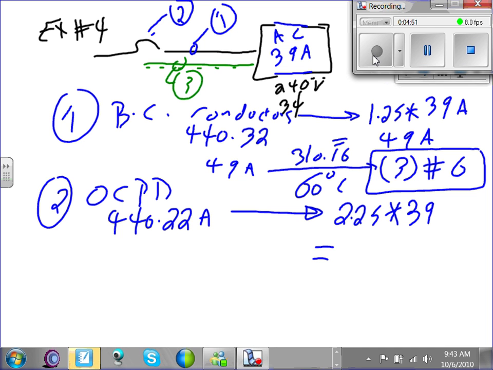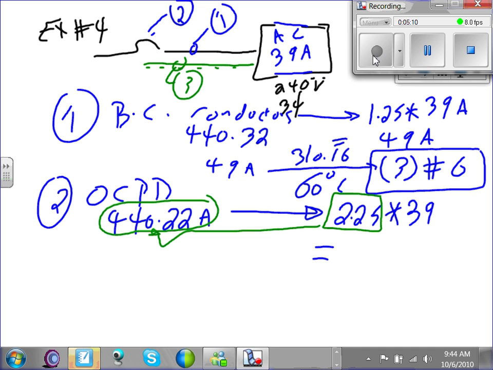I know some of you will say, Chad, where did you get the 2.25? This 2.25, guys, came from right in here. If you go to this article, it tells you you can either multiply by 175 and do your calculation.